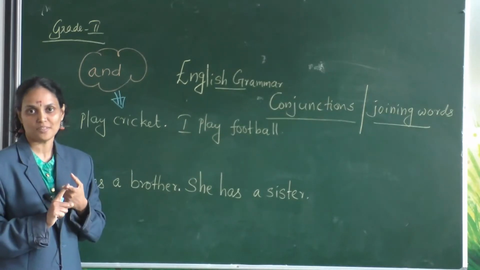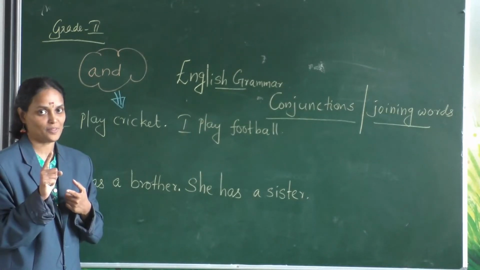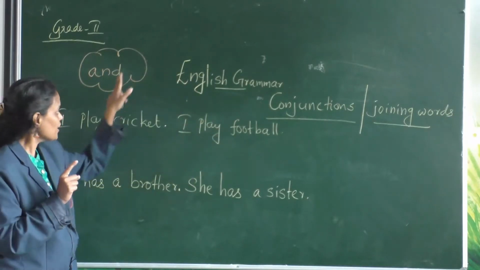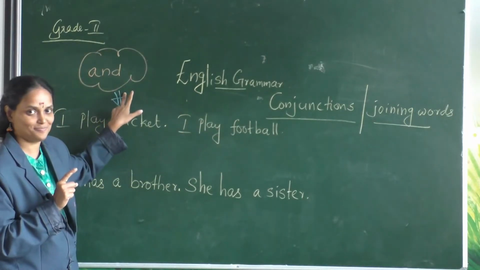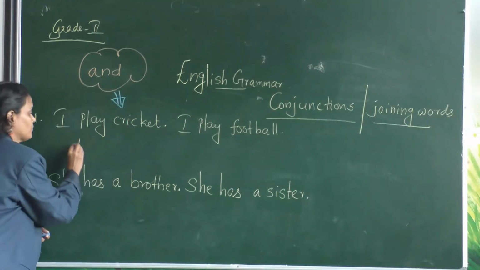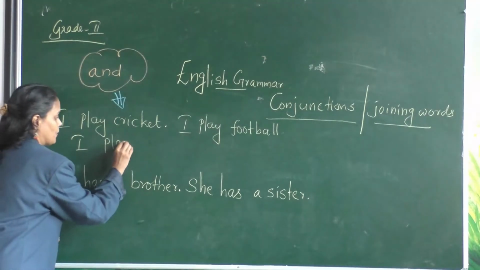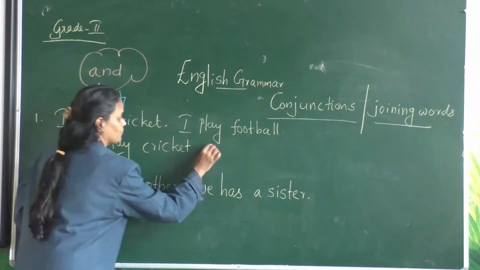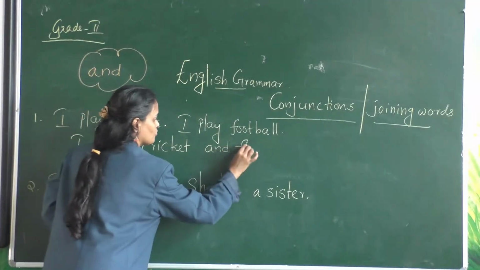How do we frame a single sentence by combining these two different sentences by using the conjunction and? Yes, I will write the answer here. I play cricket and football.